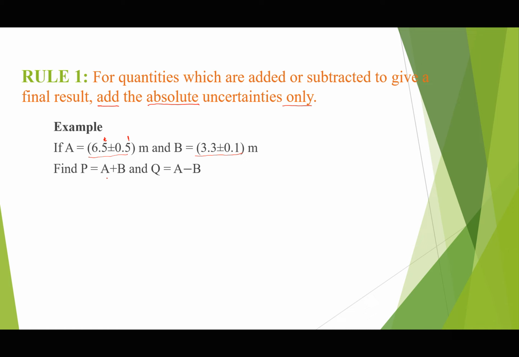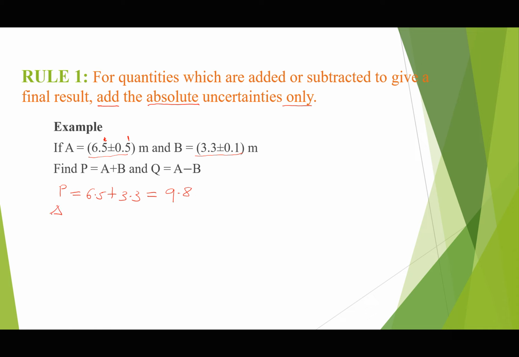A plus B means we are going to begin by adding the true values. Therefore, the true value of P is going to be A, which is 6.5, plus B, which is 3.3. This will give me the true value of P as 9.8. But this question must have required us to include the uncertainty in P. So, because A and B have been added, the rule is saying we add the absolute uncertainties.